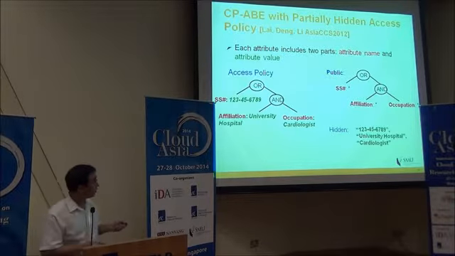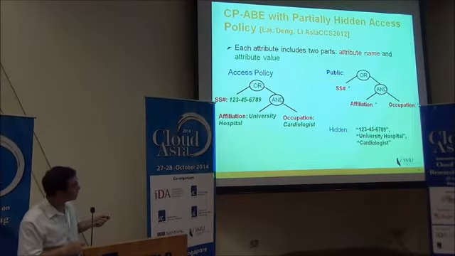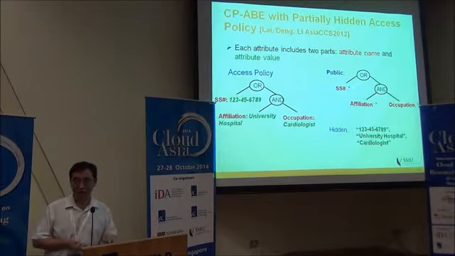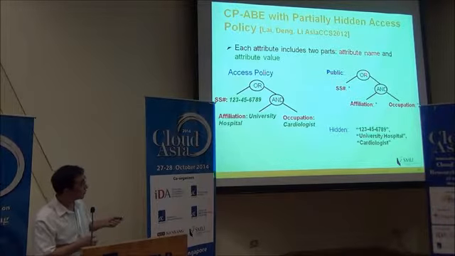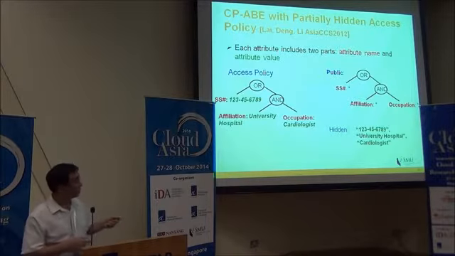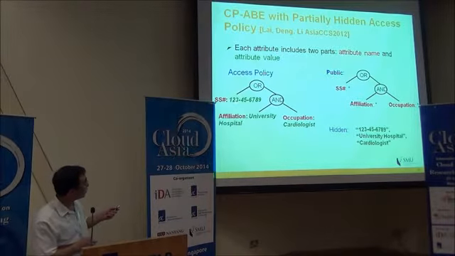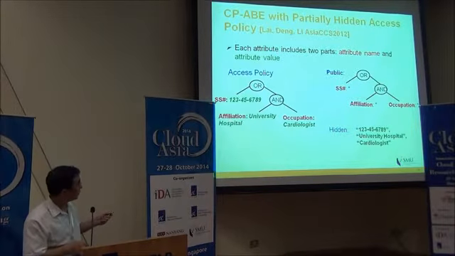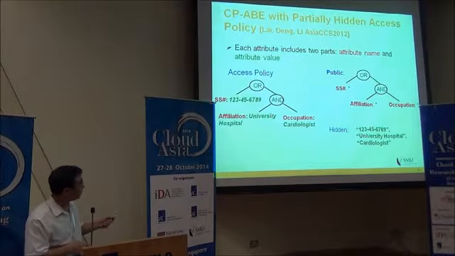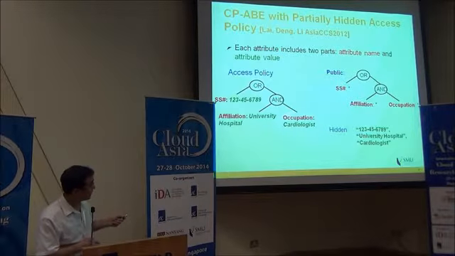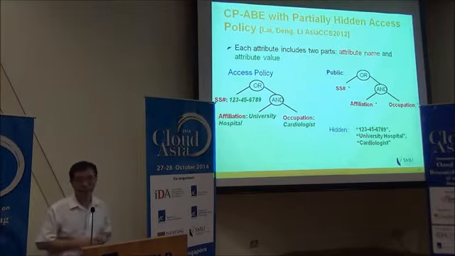And what we did is, for each attribute, we divide your attribute into a name of the attribute, for example, this is social security number, right? And a value. So this social security number has this value. For the second attribute, we have the name, and the value is university hospital. For the third attribute, name, occupation, value, cardiologist.